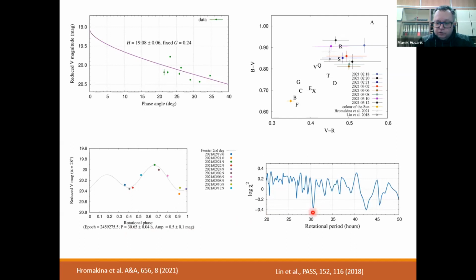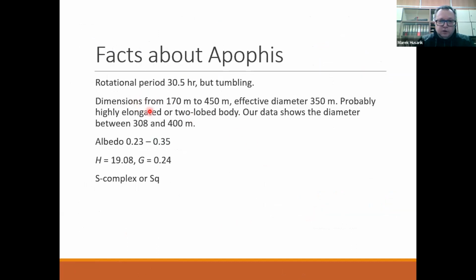Here is the periodogram, and what we know from our photometry is that the asteroid is very elongated, or bilobed or pre-lobed.